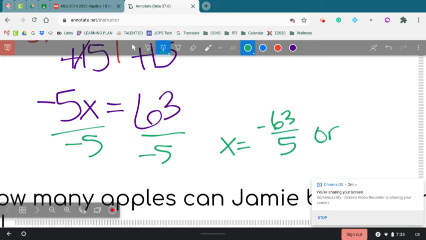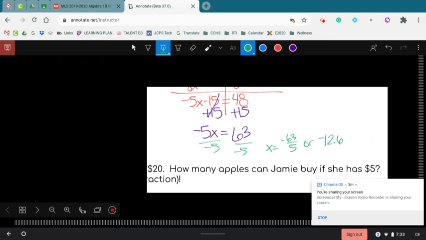Or if you have it as a decimal, you're going to get negative 12.4, I believe. Let me double check my work on that. 12.6. 12.4 didn't sound quite right. Okay, 12.6. So I will accept either of those as an answer.